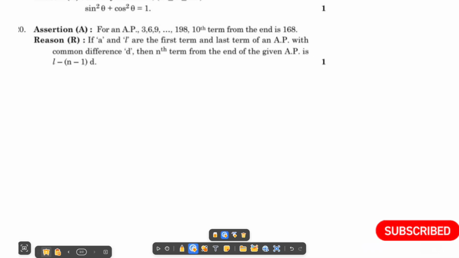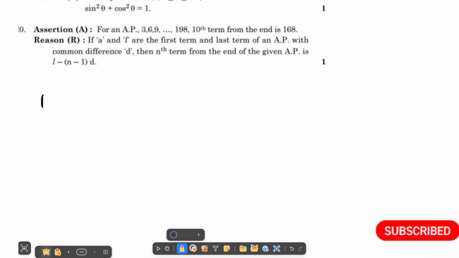The 28th question. Assertion: for an AP 3, 6, 9 till 198, the 10th term from the end is 168. Let's check whether we get the same 168 or not. What is the given arithmetic progression?